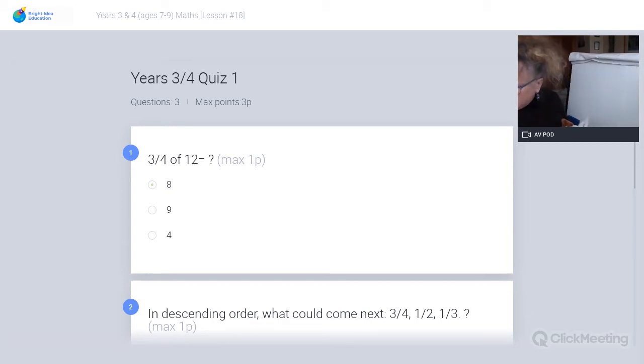We can use the screen. Let me get some things out to help us. Once you have finished, don't press submit, so that we can go through the quiz together with you still being able to see your answers.